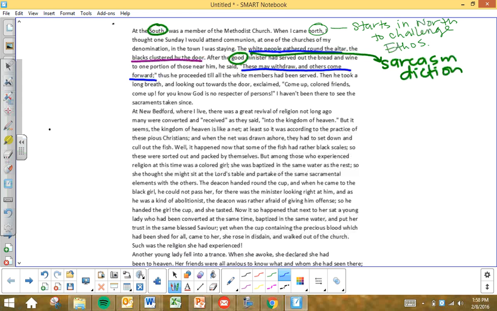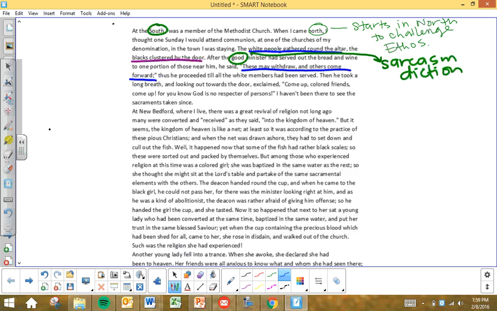This is also something I want you to know. In some churches, and this was a practice back then too, when you take the wine, they usually would use the same cup. The farther back that you get, the more people have handled it.